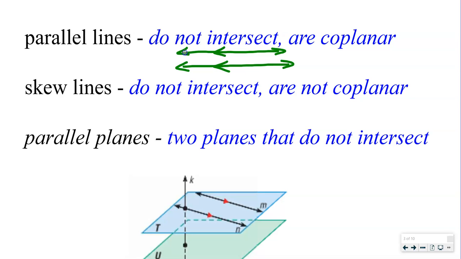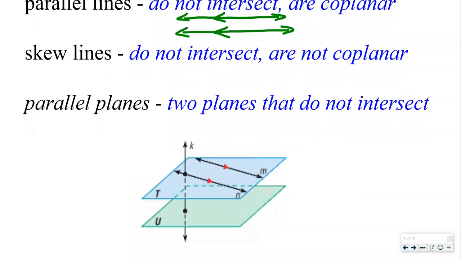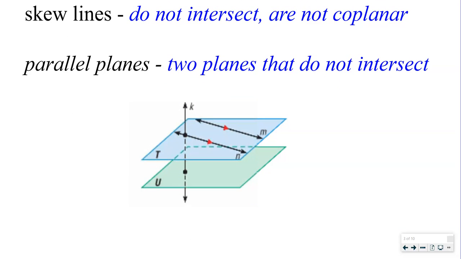So we've got this image already drawn for us down here. The blue and the green plane are parallel planes. And we also have the 2 parallel lines there. So here's actually a good image.